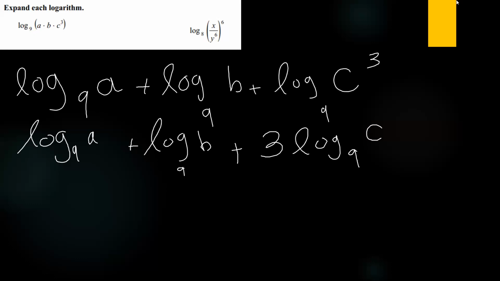Now let's solve the last one here. Logarithm to the base 8 of x over y to the power 6, all to the power 6. Now here, if I want to simplify it, this 6 is raised for x and for y.